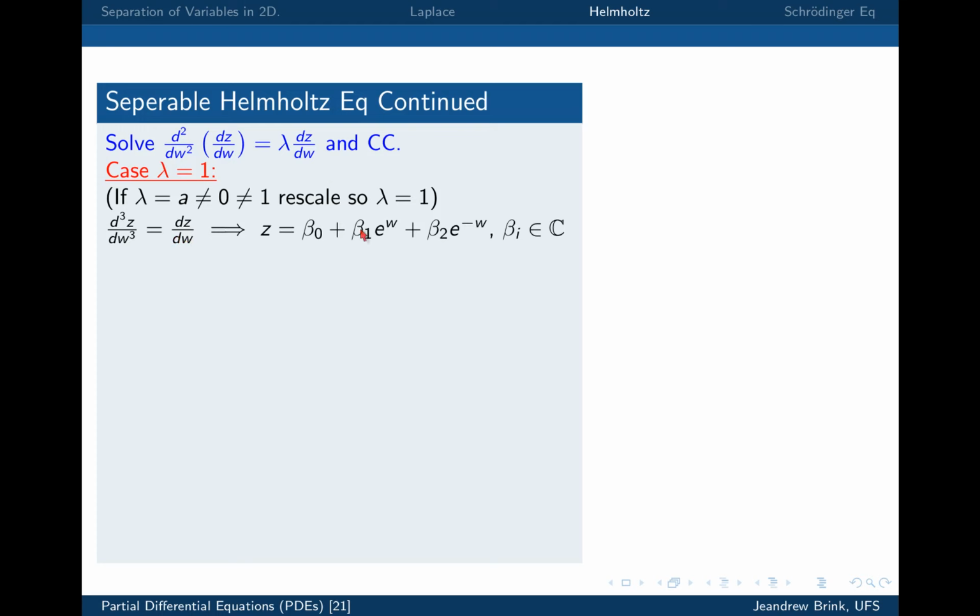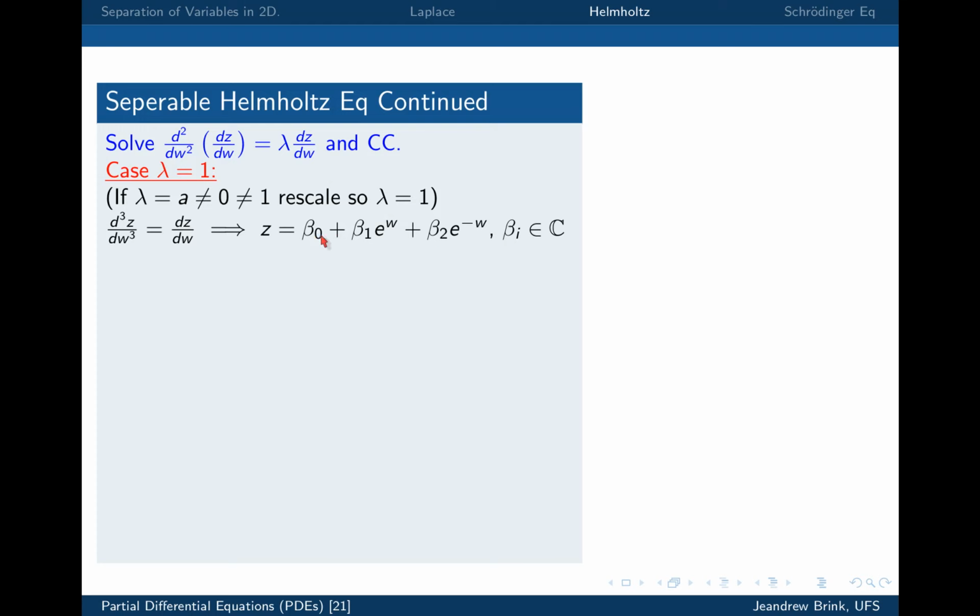You can write down the general answer for this equation, and it's just the exponential functions and then an additional constant. Once again, this is the general solution for this equation, and so we've basically got all the general solutions for the separability condition now. In the case where lambda is equal to 0 and lambda equals 1, that's all the possibilities you have for separable coordinates. Done. Don't look for any others, you can't find them.